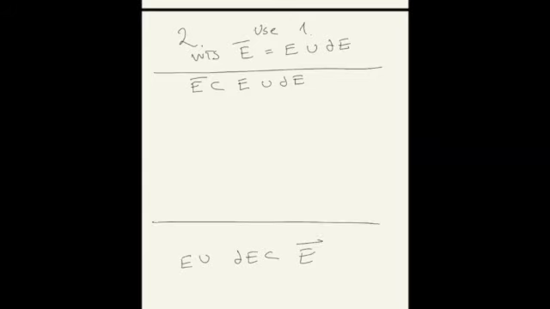Okay, so in this case, let's fix an X inside E bar. Then for all r positive, B(X, r) intersected with E is not empty by definition.